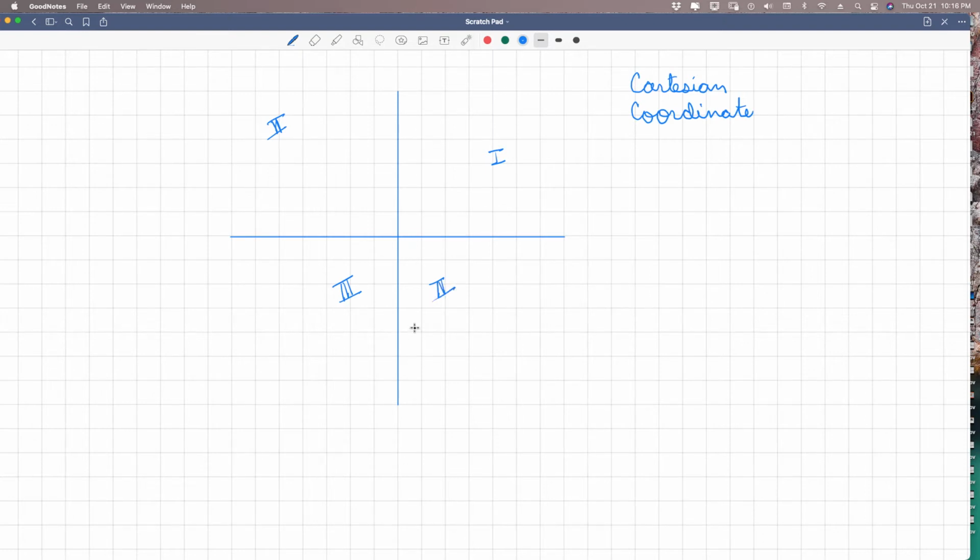Why is it numbered like that? I don't know why it's numbered like that. But I do know that if you draw the letter C for Cartesian coordinate system, the place where you start is 1, and then it goes through 2, 3, and 4. And that helps you remember the order in which they are numbered.